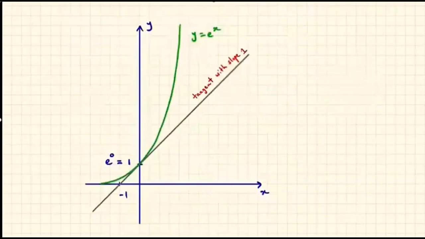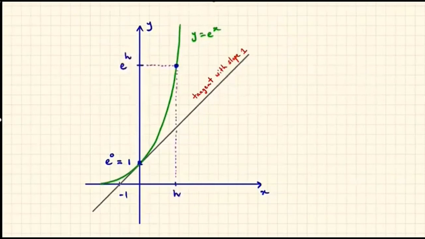Let's have a look at the curve for x close to 0. If we input x equals h, some small positive real number, and move up to the curve, then we have the value e to the h on the y-axis.